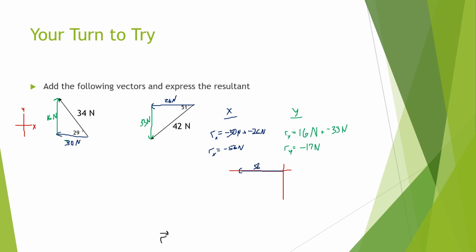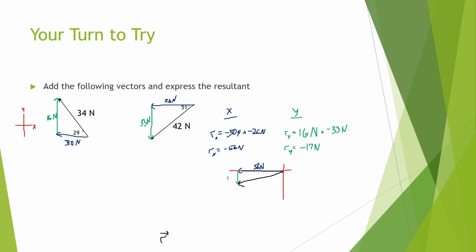You'll notice, since I've drawn the direction, I actually don't label the negative on it when I draw it out. Because I'm showing the direction using my axes, I don't have to put the negative there. Same thing when I show my negative 17 for the y component. And I'm going to go ahead and transcribe that over here. And then my resultant vector goes here.